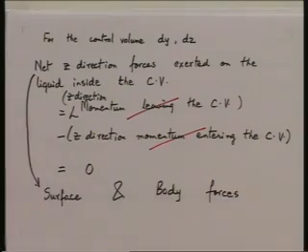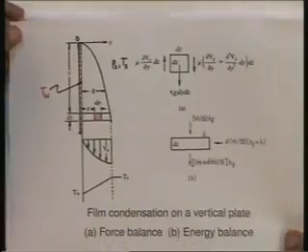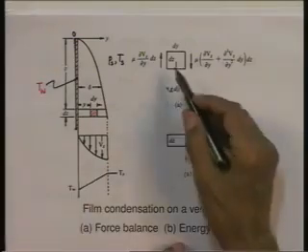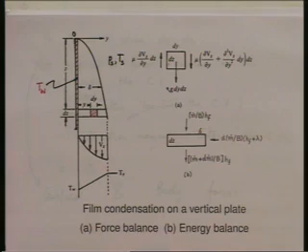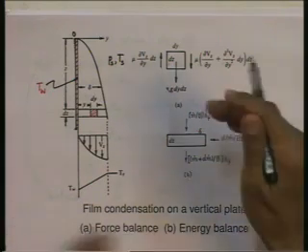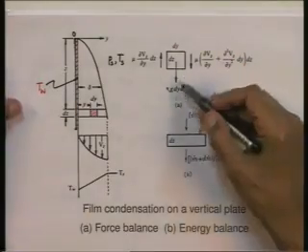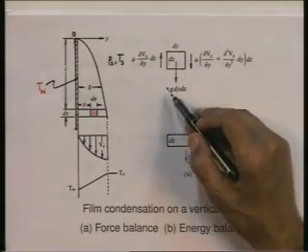Now, let us look at the control volume again. Here is my control volume dy dz. The body force exerted on this is the force of gravity, the weight of the liquid. What is that? The mass of the liquid multiplied by the acceleration due to gravity.